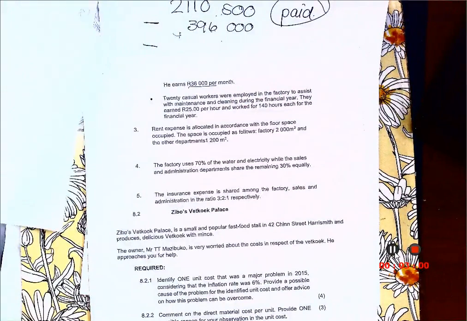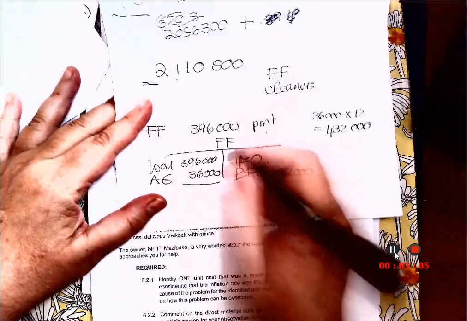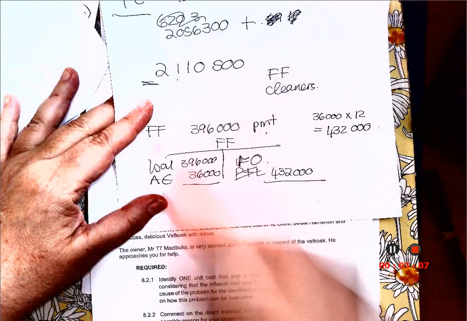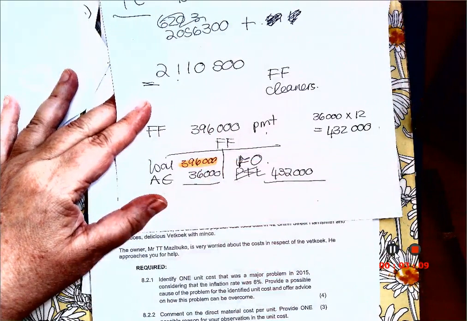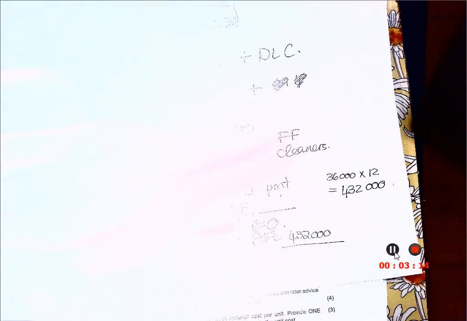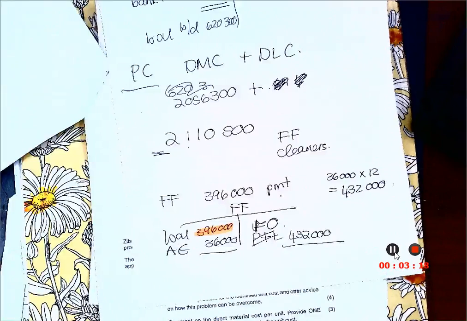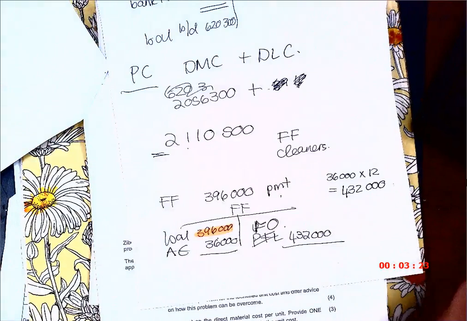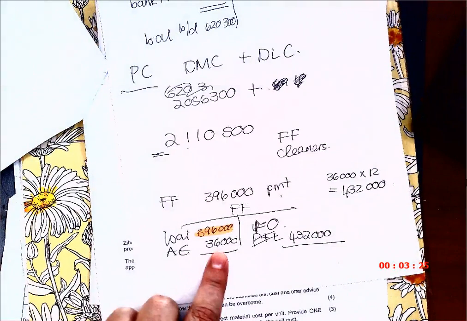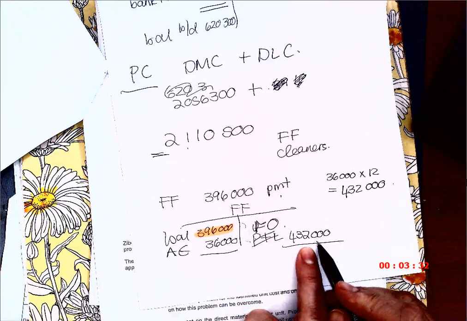So if I go do a T account for the factory foreman salary, I know this is what's paid. This is what's paid. So this is the amount that I want to subtract here. Okay? But the other information tells me there is a 36,000 accrued, meaning my expense is 432.